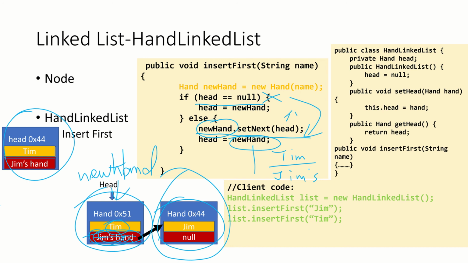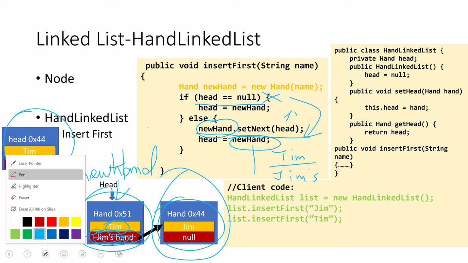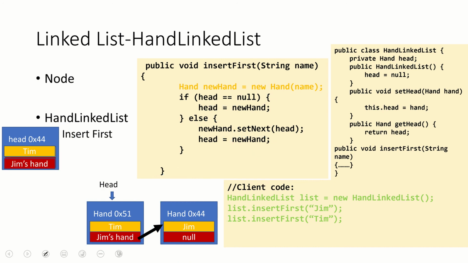Okay, let's go through this one more time. I went very quickly. So first we create a linked list. In this linked list, the head is none, right? Then we want to insert first, which is Jim. So over here we go to Jim and we create a new hand, or new node, which is Jim.